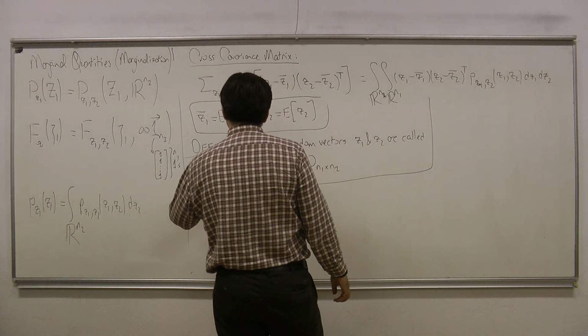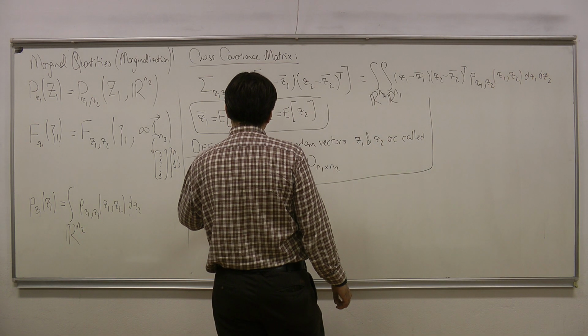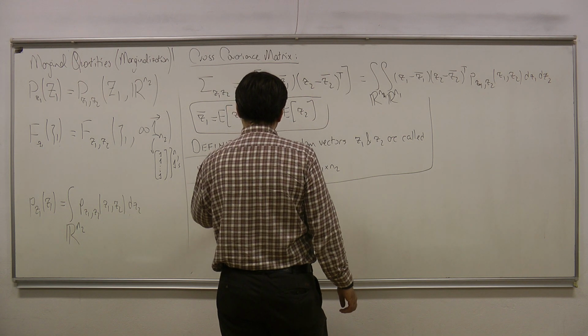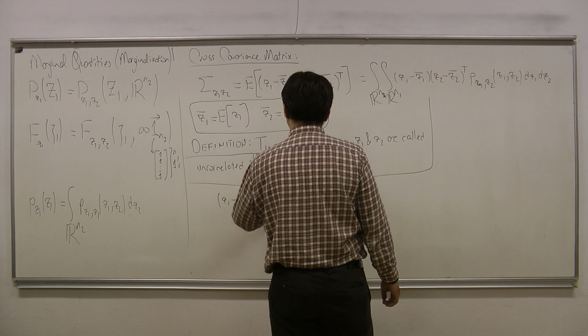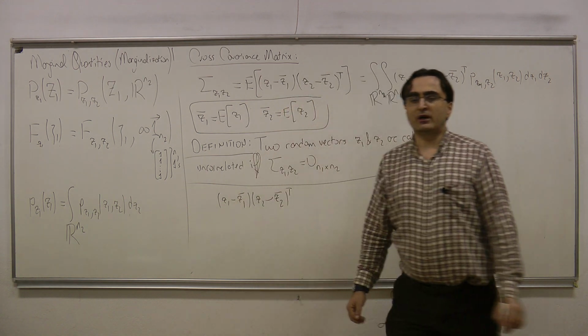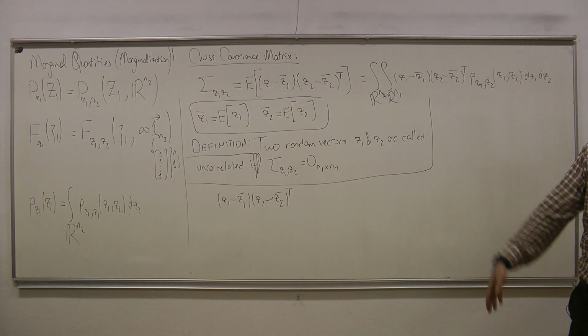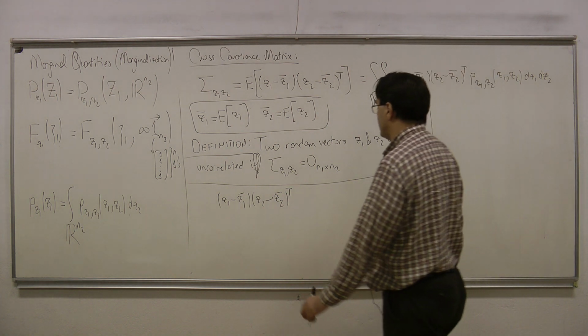Okay? So in order to interpret this result, I need to write the cross-covariance matrix in another form. In order to do that, I will expand this outer product, just as I did in the covariance calculation. This outer product is a rank 1 matrix if both of the vectors are non-zero.